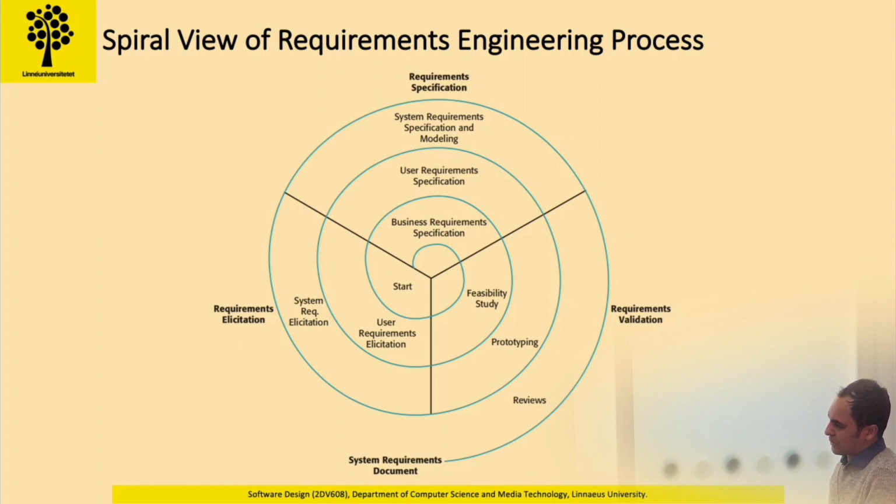So the requirements have the same effect as the system changes. After this requirements document, requirements management starts, and it might follow the same procedure. We might elicit new requirements, specify new requirements, and validate them again.